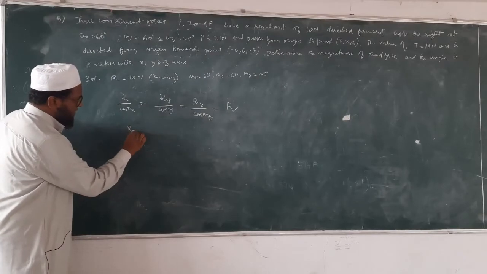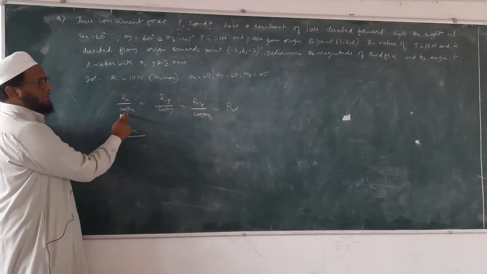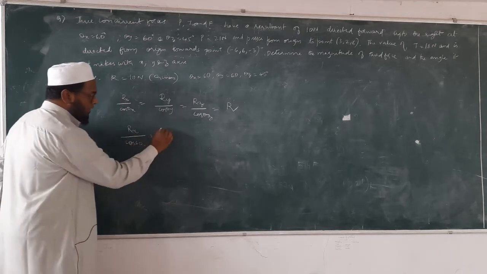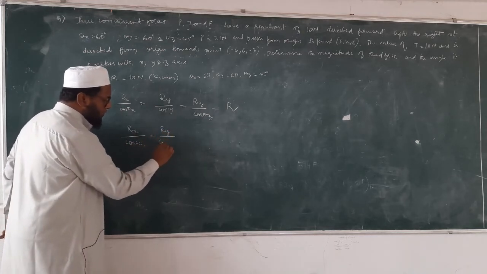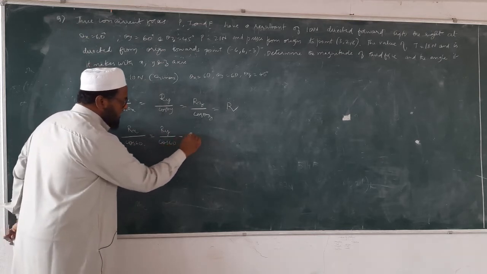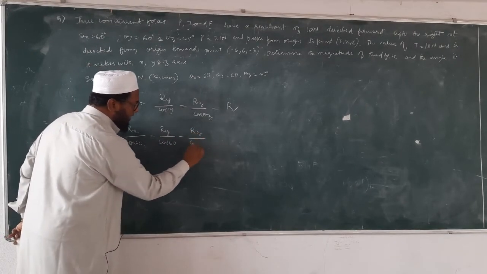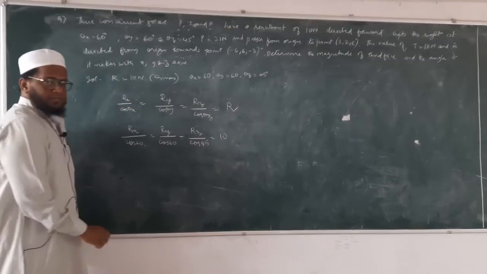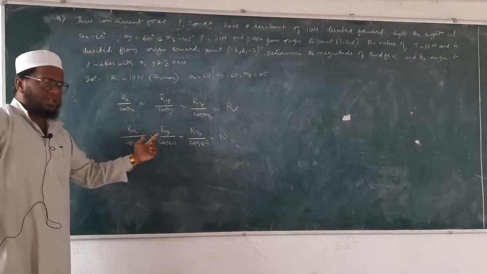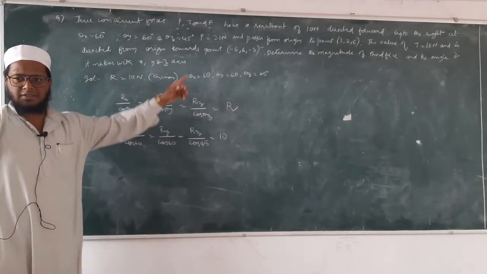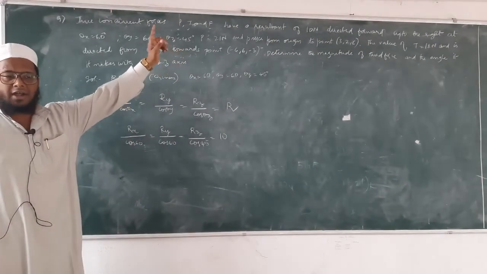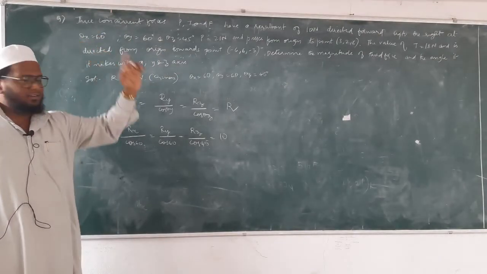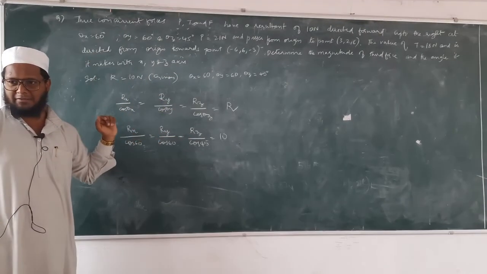So Rx by cos 60 is equal to Ry by cos 60 is equal to Rz by cos 45 is equal to 10. I have taken all values as positive because it is forward up to the right. If it is backward up to the right, this value will be negative, right?